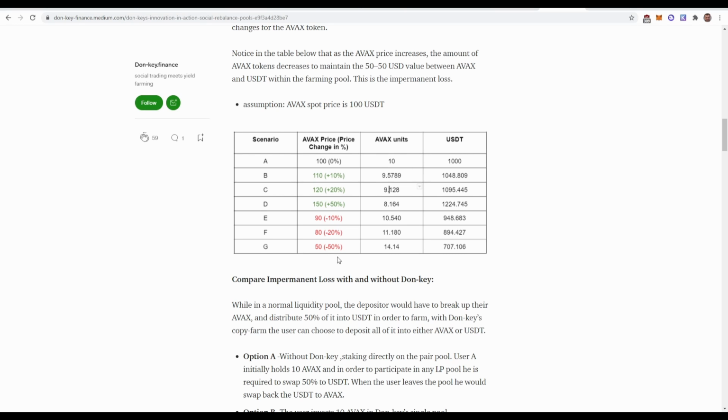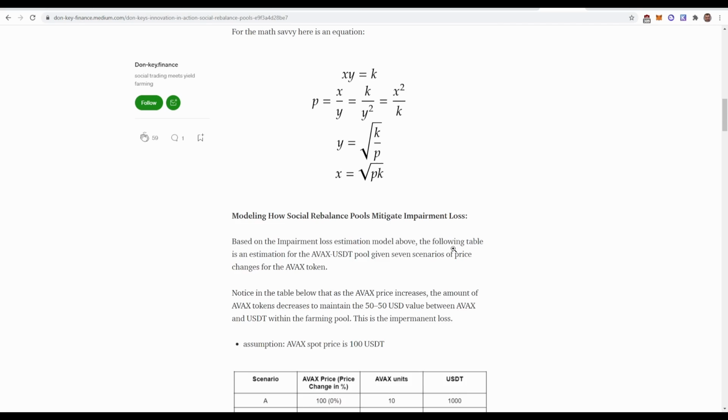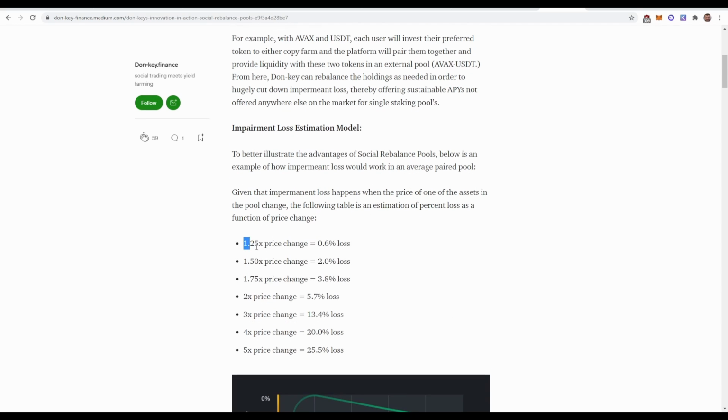And if AVAX were to drop 50%, you would have a lot more AVAX, but roughly 30% less USDT. You'll see on a lot of pages the impermanent loss estimation model. This is basically what would happen if one asset moves against the other.